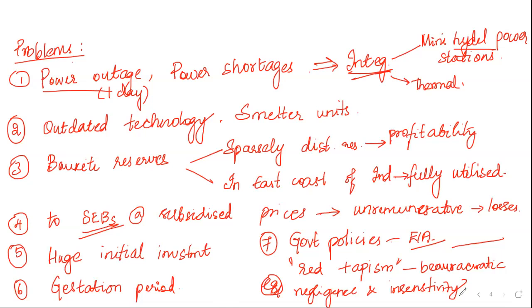So the government has policies in terms of environmental clearances and allotment of mineral licenses. All this will take a lot of time, and most importantly, land acquisition problems. When we are talking about environmental clearances, this should immediately come to your mind.